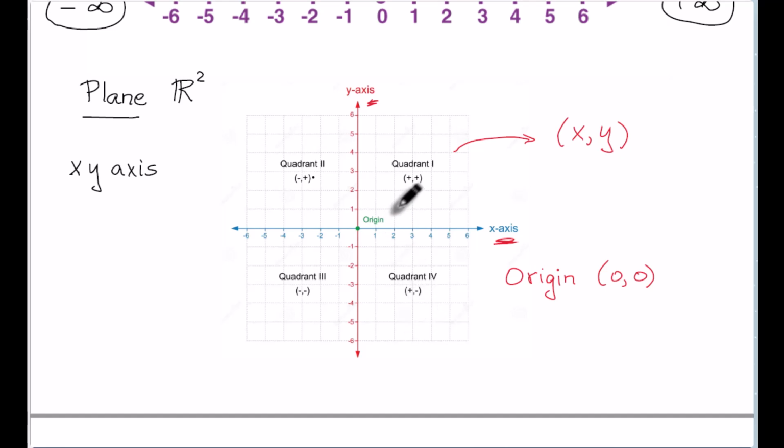So you can see anything that lives in quadrant 1 would have both of these numbers positive. And if I'm way over here in quadrant 3, then to get there, I'd have to go left, which is negative, and down, which is negative. The origin here is 0, 0.